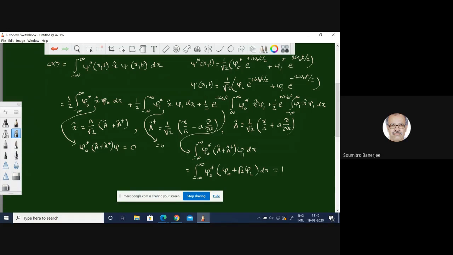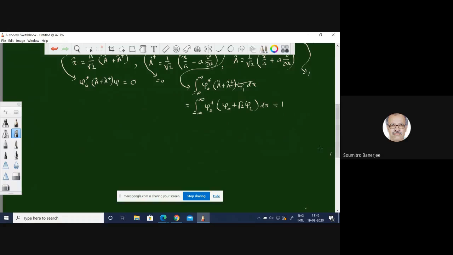So this one is 1. Similarly, you can see that this will also become 1. So now you can see that what has happened is this whole thing, your x, this is what we set out to calculate, has become a by root 2.